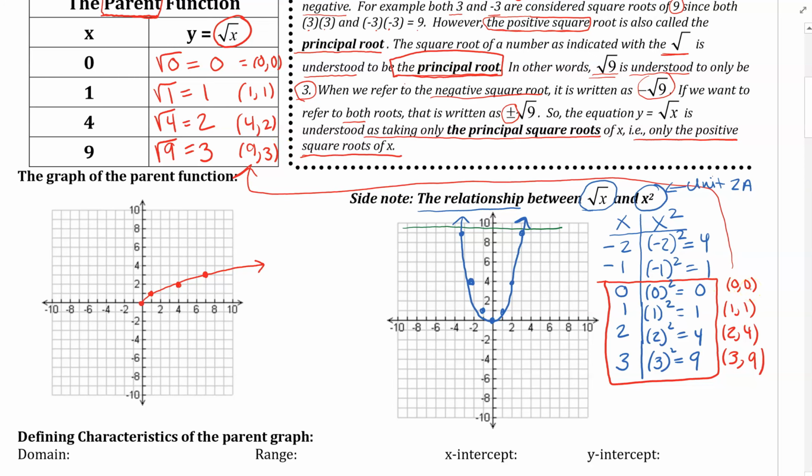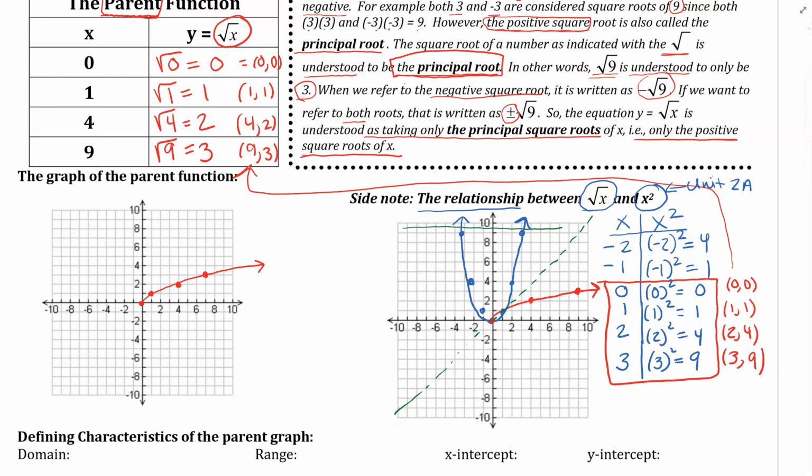So what I want you to notice is the square root function is the inverse of the x squared function. So I'm going to plot it again over here. I've got this point, that point, 4, 2, and 9, 3. You may notice how it has that y equals x symmetry that we were talking about as well when we were graphing inverse functions.